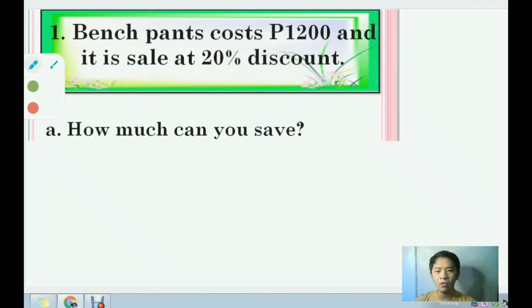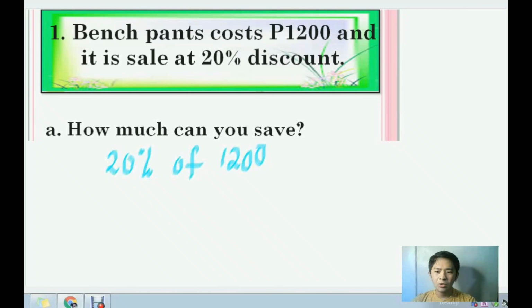Ganito mangyayari, kukunin natin yung 20% of 1,200 pesos. 20%, i-transform natin to sa decimal form. 20% is equivalent to 0.20 or 0.2.